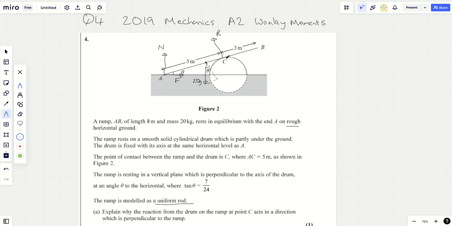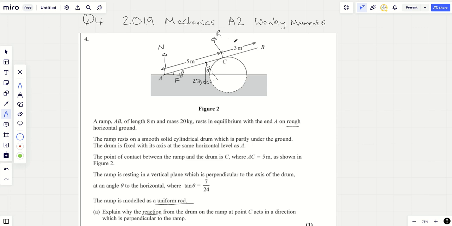Whenever two objects are in contact, these are the forces which are on the ramp, remember? And the reason why it's perpendicular to the ramp is because, and I could easily see myself getting this wrong in the test, the reaction force or contact force is actually a combination of two forces, as it is down here, a normal reaction and a friction. Because it's perfectly smooth.